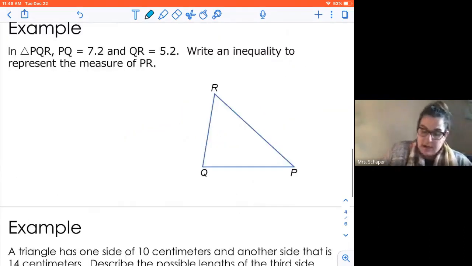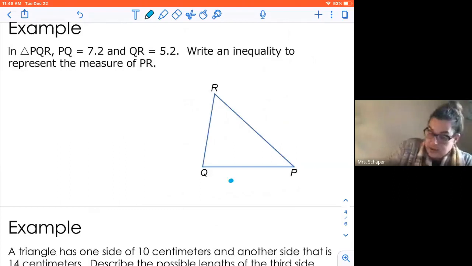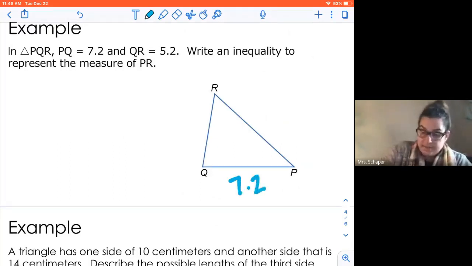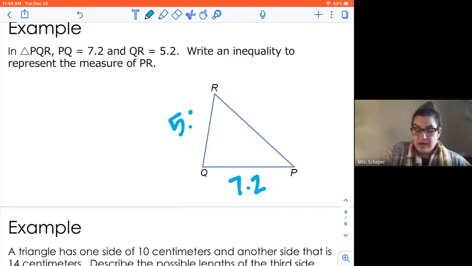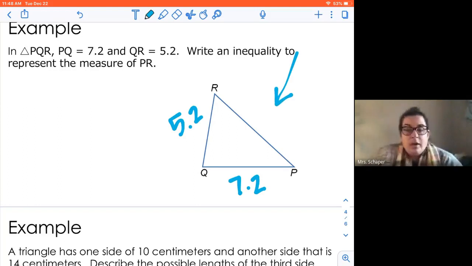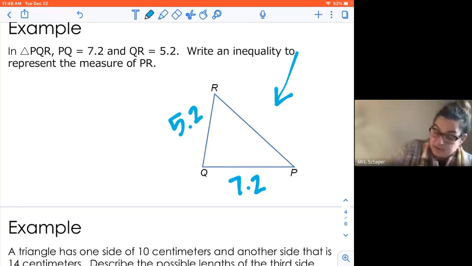Okay, if PQ is 7.2 and QR is 5.2, we have to write an inequality to represent the measure of this side. We know that side has to be less than the sum of these two sides.